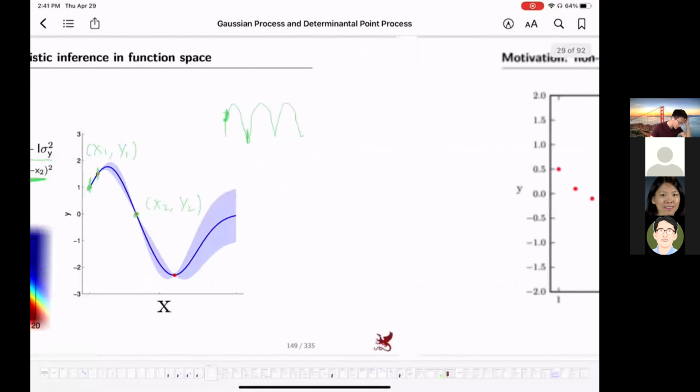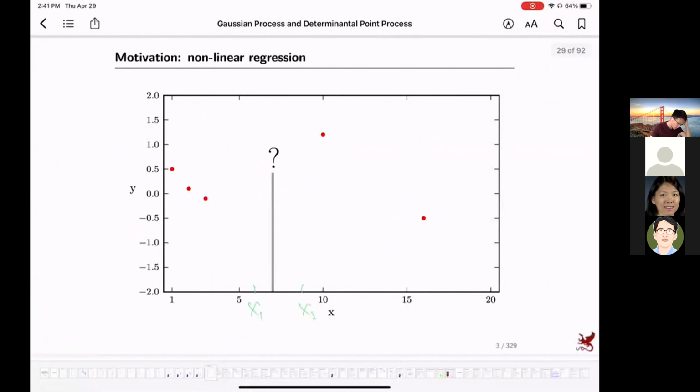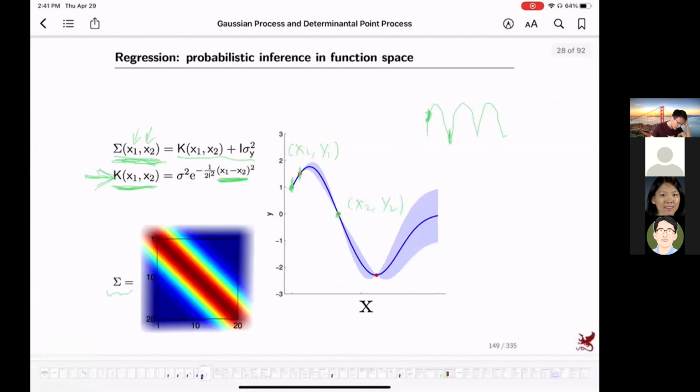Okay, with that, let's get back to the original question we asked. If we compare these two pictures, on this slide we have a smooth curve interpolating the four red points we observed, a prediction on the unobserved part, and confidence scores on those parts as well.